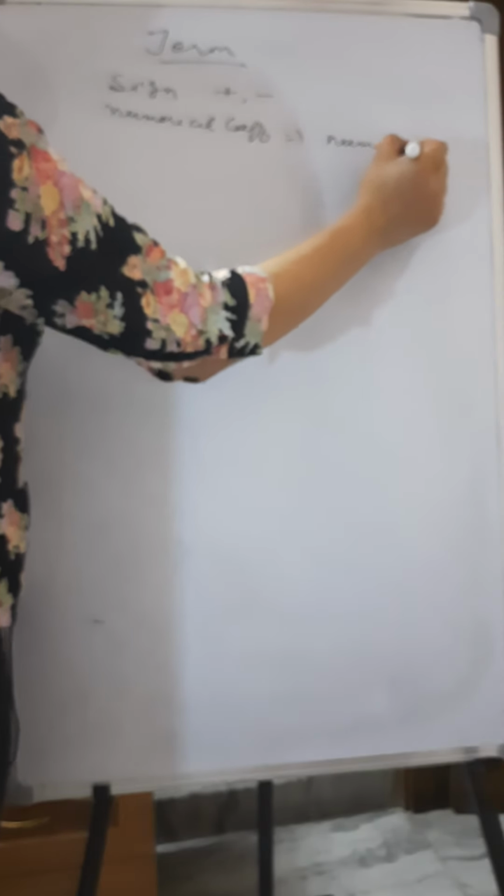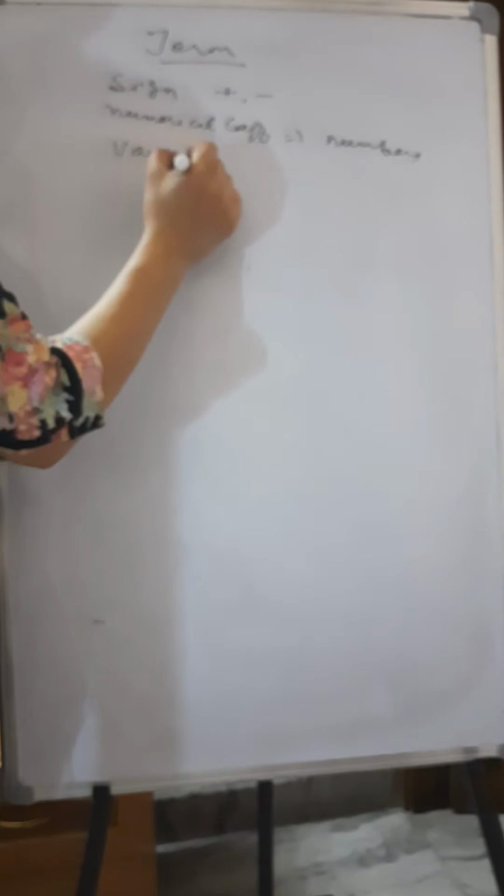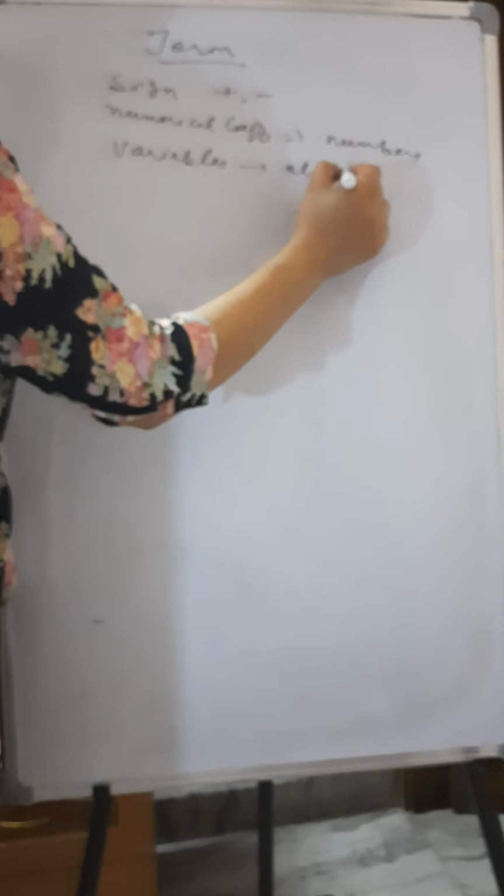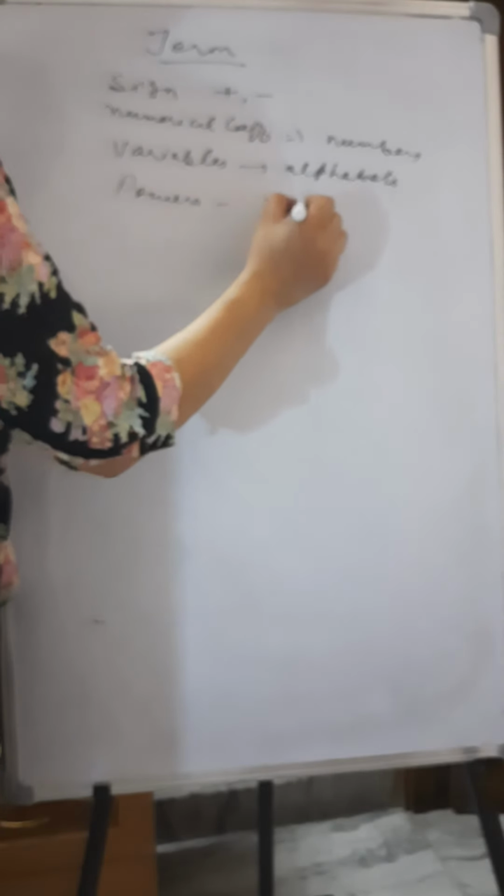I will go through it again. With the term, which I explained first, the important thing is that a term consists of the sign, plus or minus, then the numerical coefficient, which is a number, then the variables, which are alphabets, then the powers, which are again numbers.